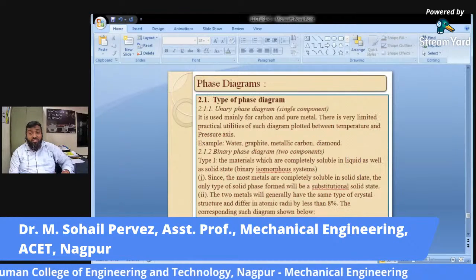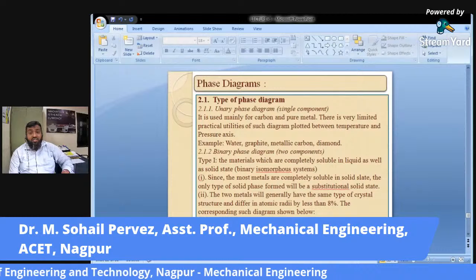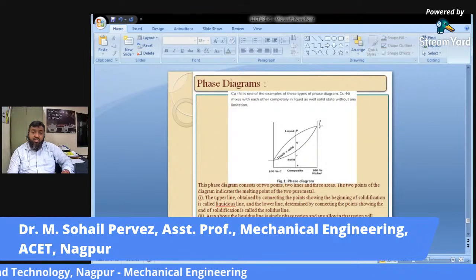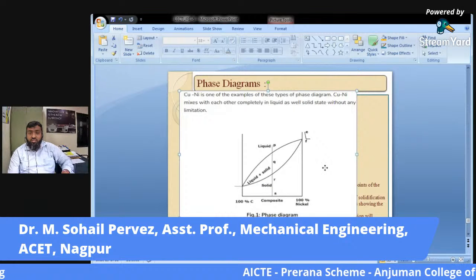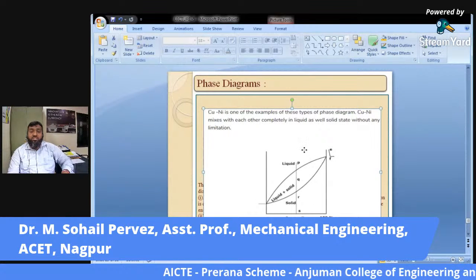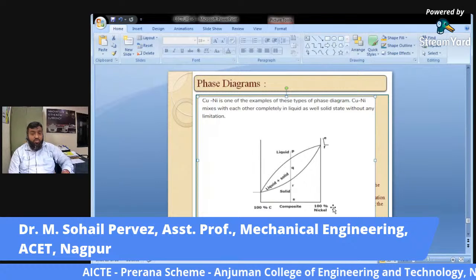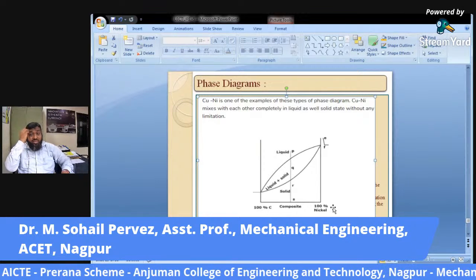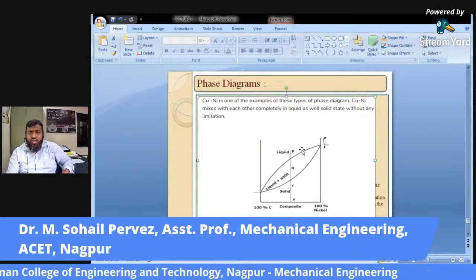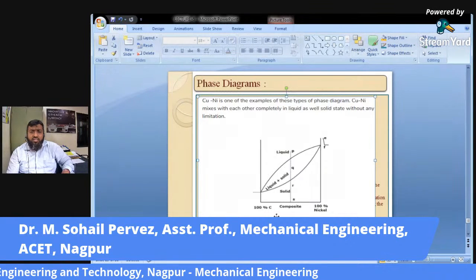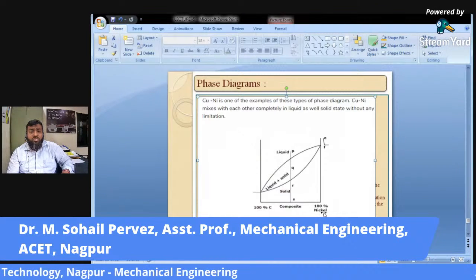Now, what do we mean by phase? We'll try to understand this by directly switching over to this diagram. Please concentrate, then again we'll go back to the slide. This is the phase diagram I was talking about. Just look at this, a simple nickel copper system for the sake of understanding. Composition shows how far we are.